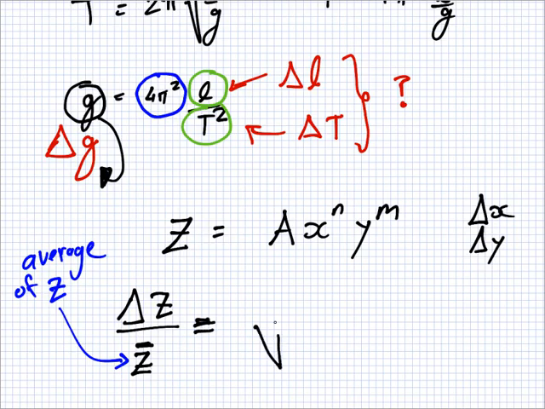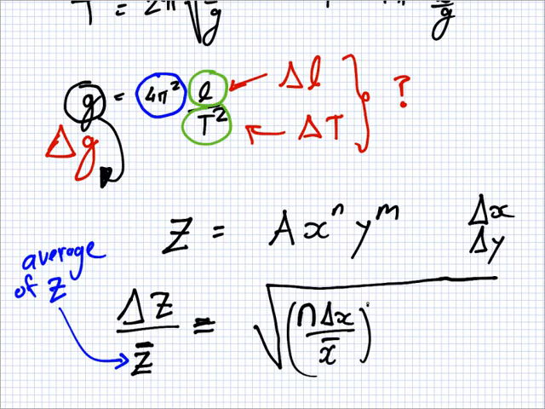Anyways, equals square root of N delta X over average of X squared plus M delta Y over average of Y squared.